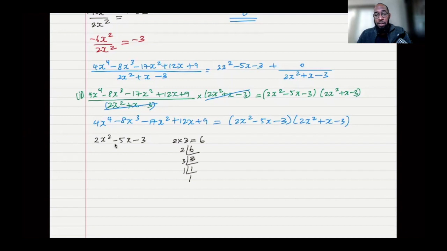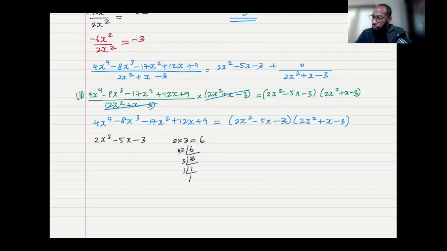And then I need 2 numbers. When I add or subtract, I get -5. So this is when the signs come into play. Initially, I don't consider the signs. I just focus on the numbers. 2 times 3 is 6. LCM. And I need 2 numbers here that will give you, when you add or subtract, the coefficient of x, or the number in front of x, which is -5.